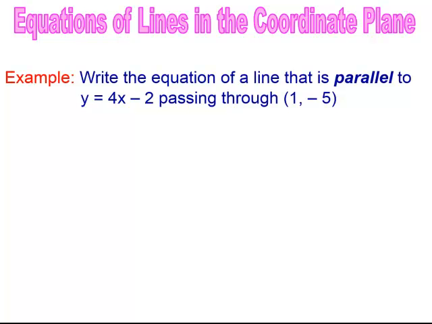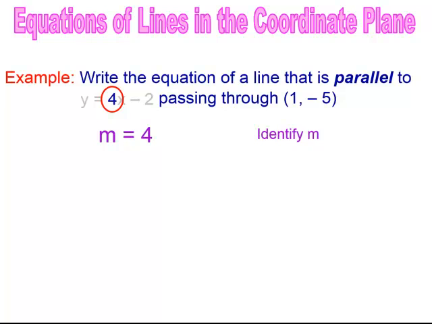Now, when you're told that the line's parallel to a given equation, what you need out of the equation is the slope. So you identify the slope, and you don't care about anything else in that equation.